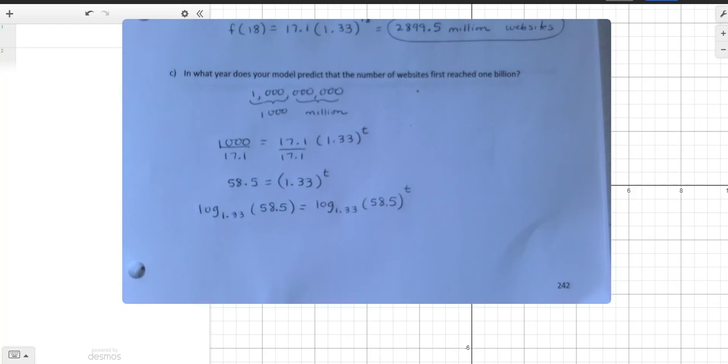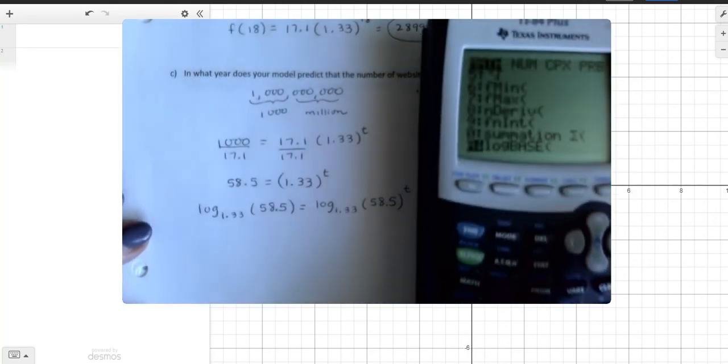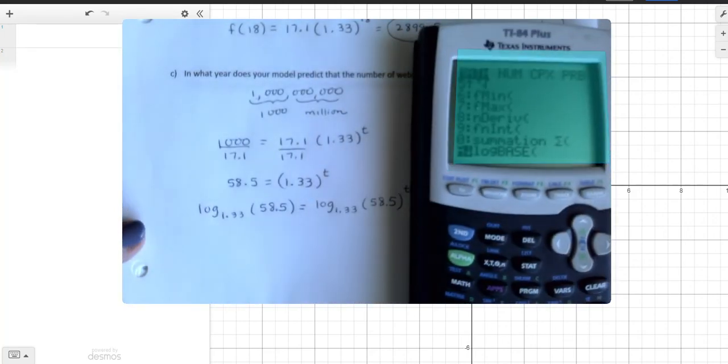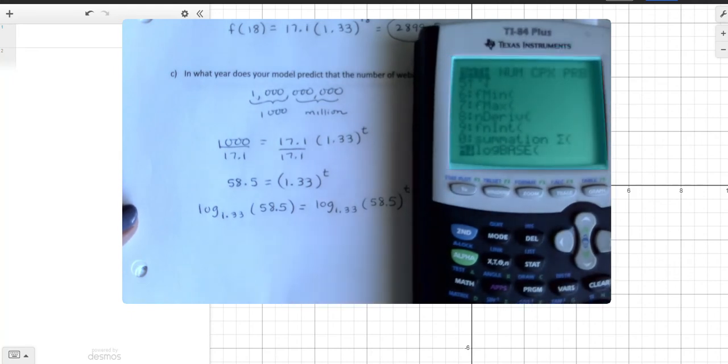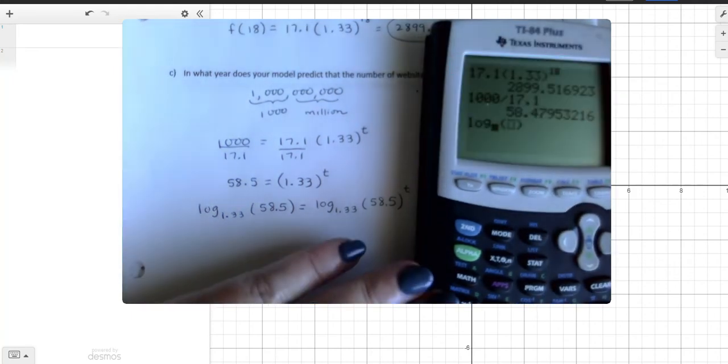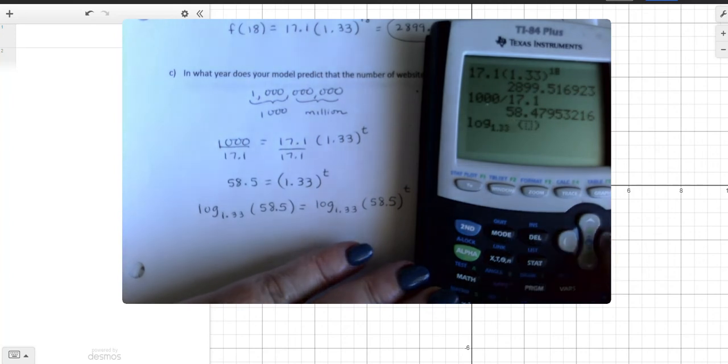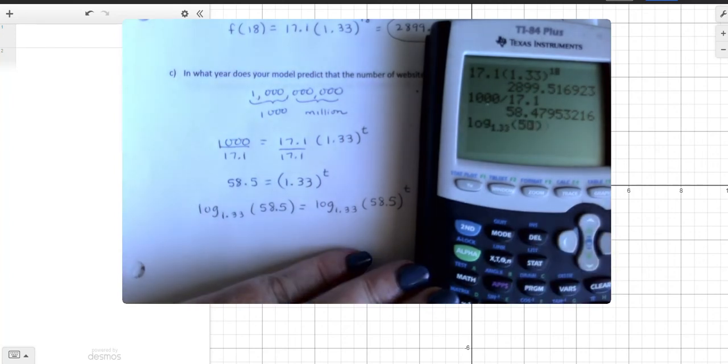So I go to my log base, or you can do this on Desmos, of course, but I got my calculator handy today. I want the log base 1.33 of 58.5.